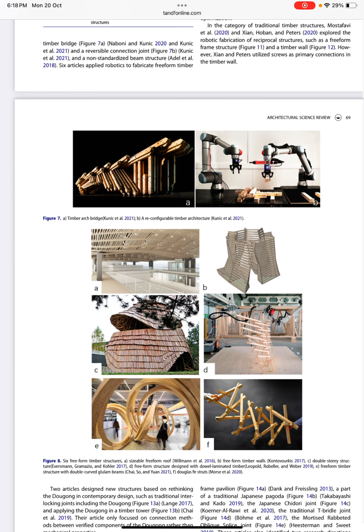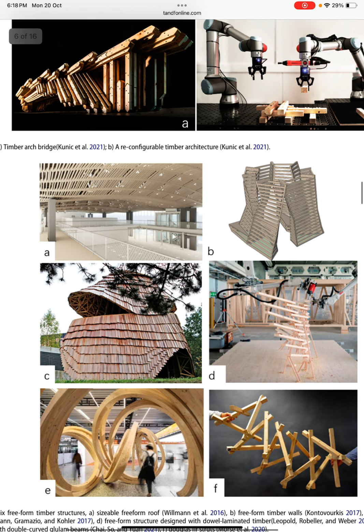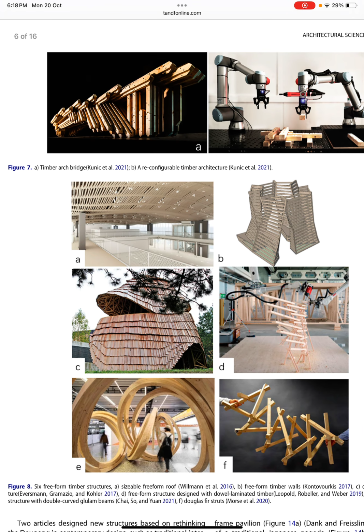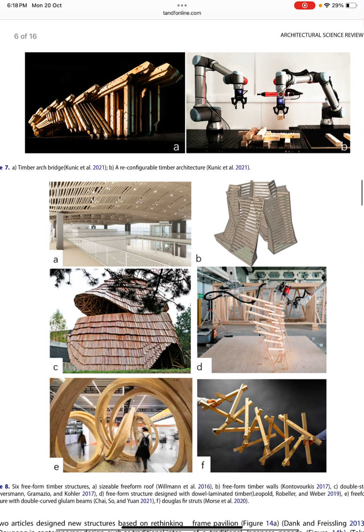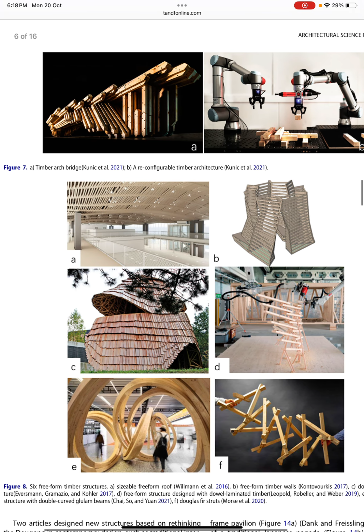So you can see here in the picture, there's a lot of modern interpretation of the interlocking wood structural design, and there are 6 freeform timber structures. There's a freeform roof, walls, double story structure. There's a lot of different freeform interlocking wood designs that can be interpreted in a modern way and used in a modern context.